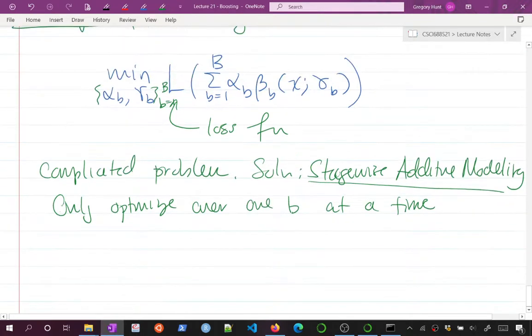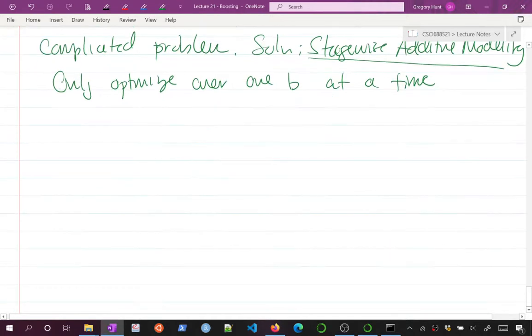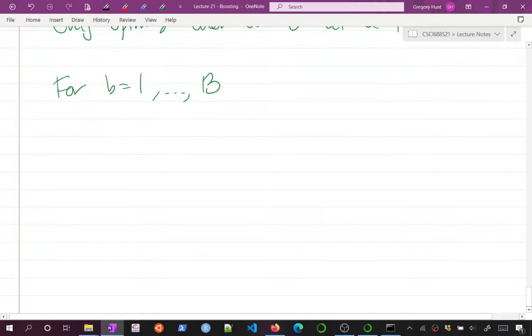You're only going to optimize over an alpha and a gamma, and then we're going to go on to the next one. So for b going from 1 to B, we're going to approximate a solution by getting, at each point, an alpha and a gamma that are the arguments that minimize over all possible alpha and gamma.